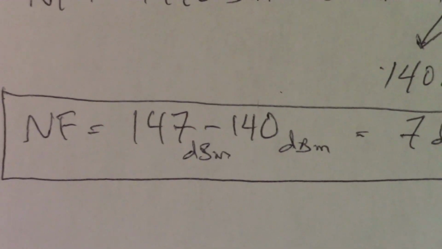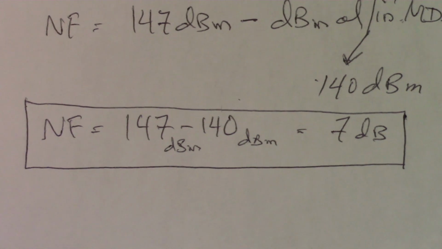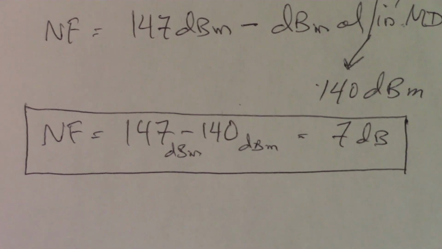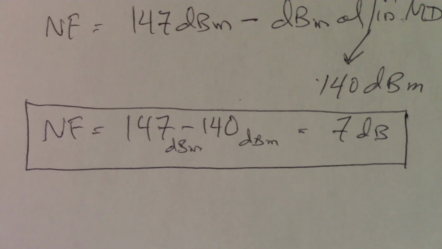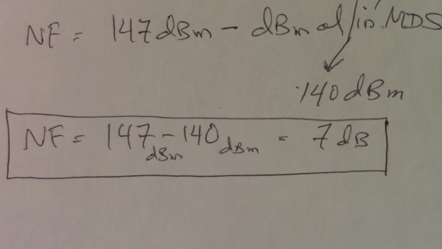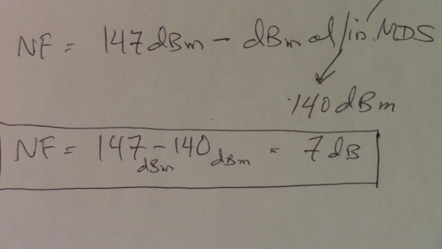So what we can say is that the Kenwood TS2000 on 2 meters, its front end has a noise figure of about 7 dB, which is actually not too bad at all. It's actually a pretty hot receiver.